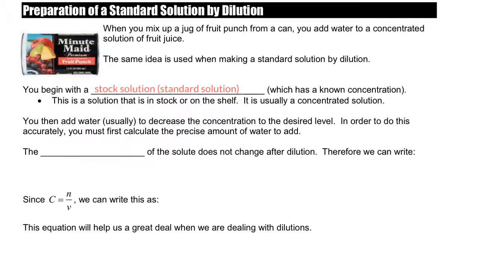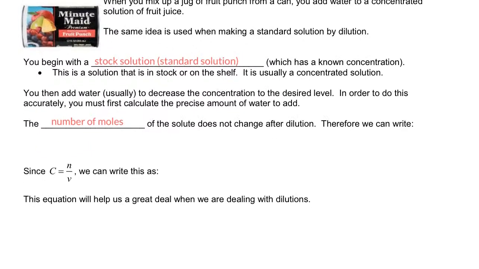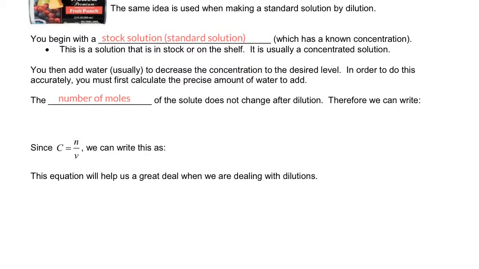So you would take a certain volume of your standard solution and you would then dilute it in a volumetric flask. And one thing to remember is that when you're diluting a solution, the number of moles doesn't change.